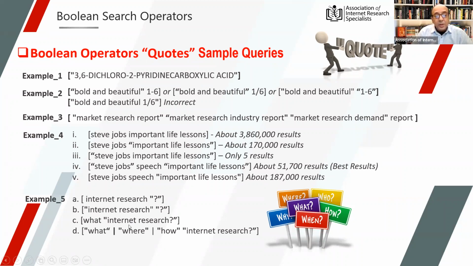So internet research with the question mark, meaning the word research should be the last word in any question, preceded by the word internet, and the research should end with a question mark. That's what the query is asking. But again, since we don't know the structure of the question itself or how it is phrased, this could be another option we can check to see if we can find something we require.